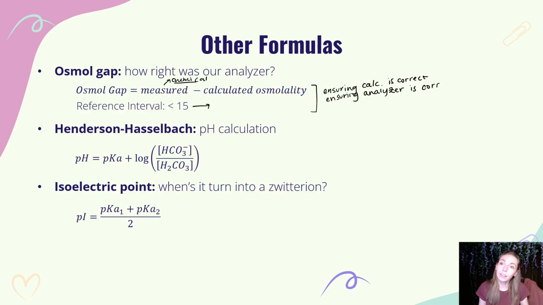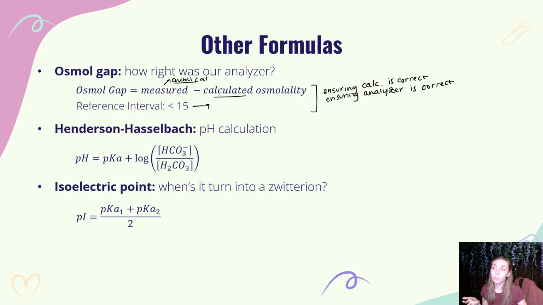If these two things are correlating, that's a good thing. If the measurement is significantly higher than the calculated osmolality, that means there's a bunch of stuff floating around in the serum that the formula doesn't account for and that needs further investigation. We need to figure out why the osmol gap is so high, because something is up.